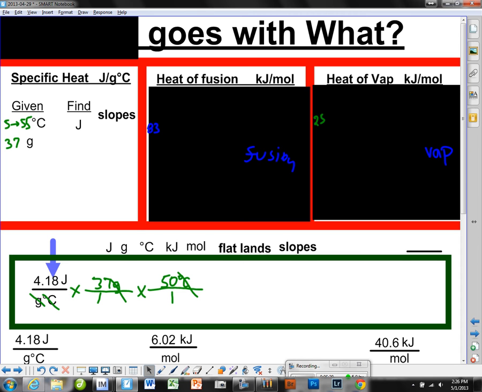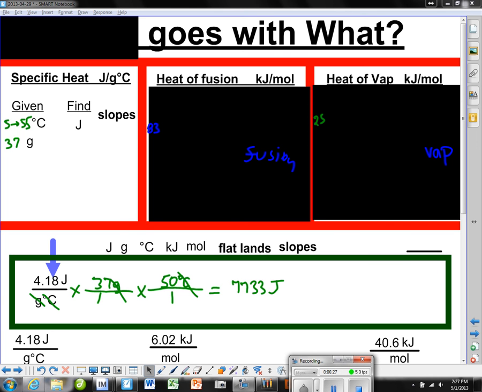Some of you may need to stop the recording if you're watching at home, but for in class we're going to stop as well. All right. If you have everything copied down now, you can go ahead and run your calculation and see if you come up with the same number we did. As we work this problem, we're just multiplying across the top, and there's no numbers other than 1 on the bottom. So that gives us 773 joules.